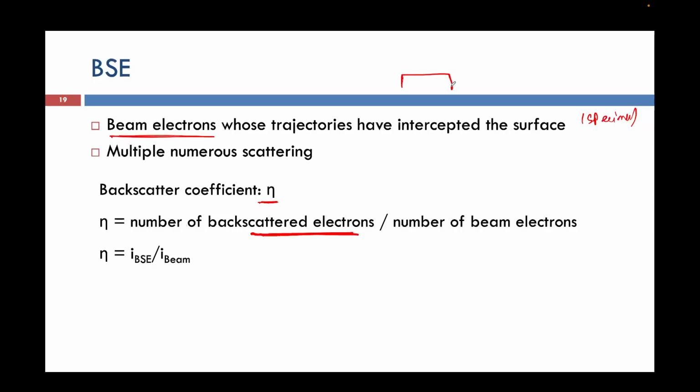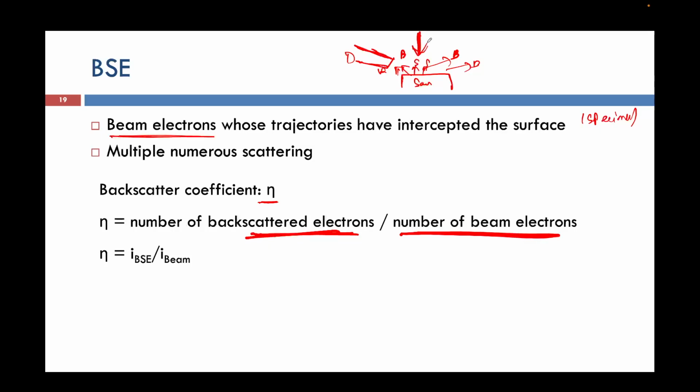Now, this is my sample, and I have put some kind of detector here. This is my incident electron beam. Now my detector is collecting all these backscattered electrons, right? And some secondary electrons are also there. So it is the number of backscattered electrons you are collecting divided by the number of beam electrons coming in.